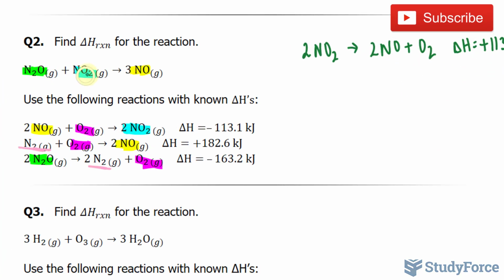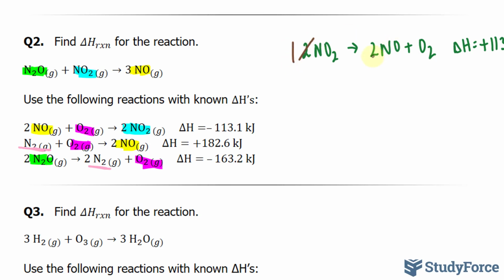The coefficient of NO2 is 1, but the coefficient here is 2, so I'll divide each of these by 2. If I divide this by 2, it becomes 1, 1, and half. Also, I need to divide this number by 2 as well. That takes care of NO2.